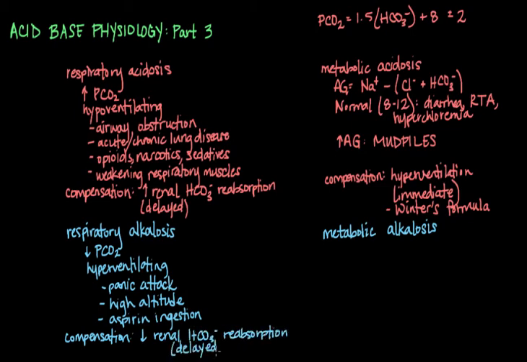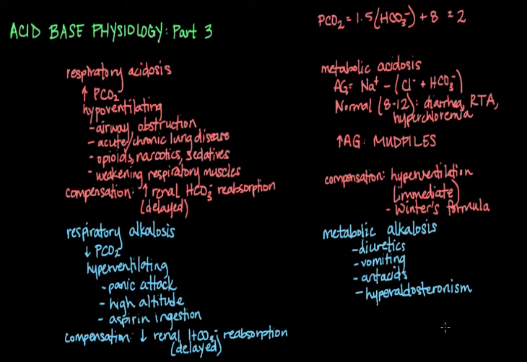And the compensation for respiratory alkalosis would be the kidneys trying to decrease their reabsorption of bicarb, which again is a delayed response. And now finally, let's talk about metabolic alkalosis. Again, the partial pressure of carbon dioxide would be normal or even increased. So the alkalosis in metabolic alkalosis is instead explained by the bicarb concentration, which can be altered in, say, diuretic use, vomiting, antacid use, or hyperaldosteronism.